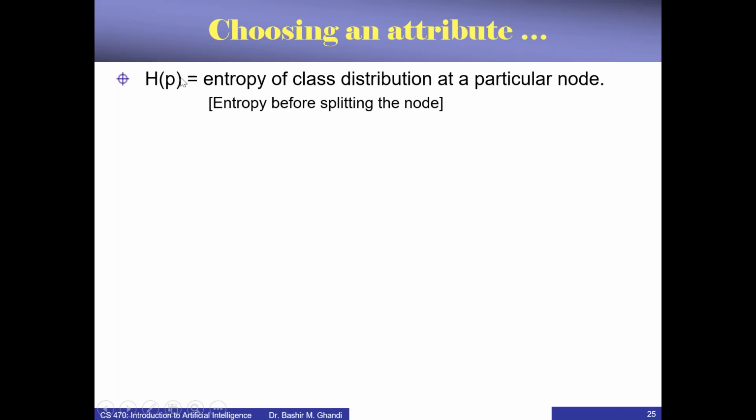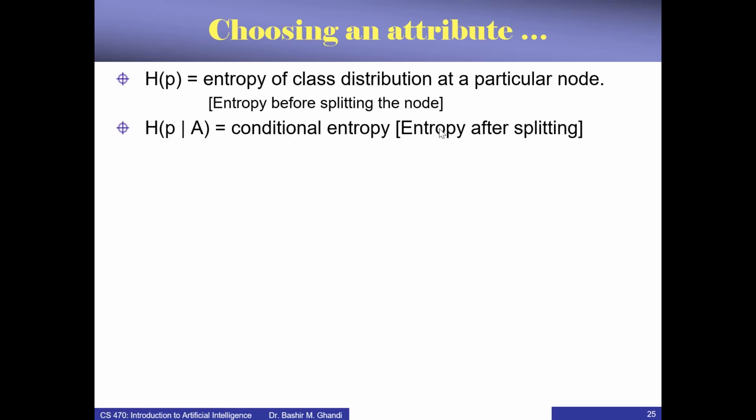So let HP denote the entropy of the attribute before splitting the node. Then we compute the entropy of the same node, but given that the examples are split, or the data set is split based on that attribute.